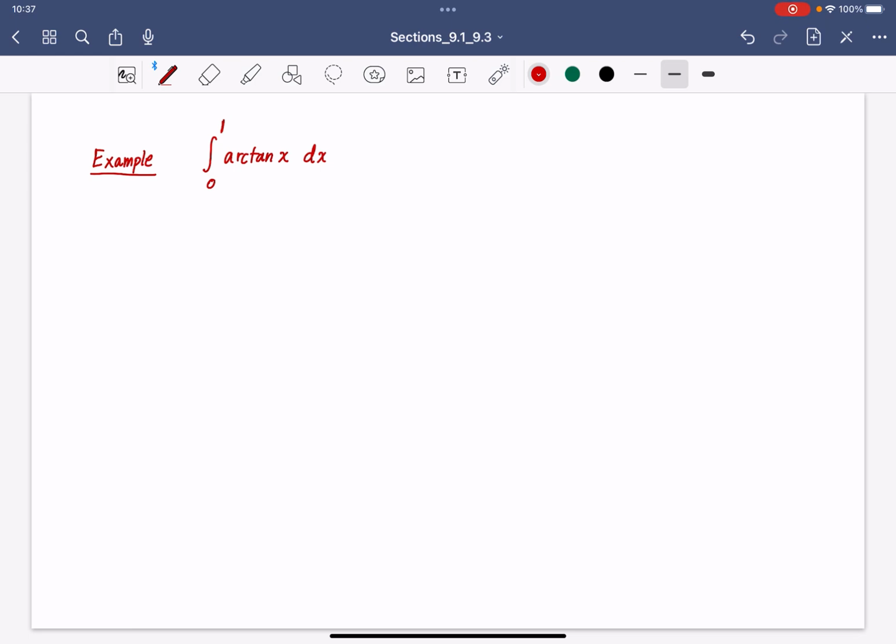If you want to integrate arctan, if you remember that from Calculus 1, it can be done by using integration by parts.